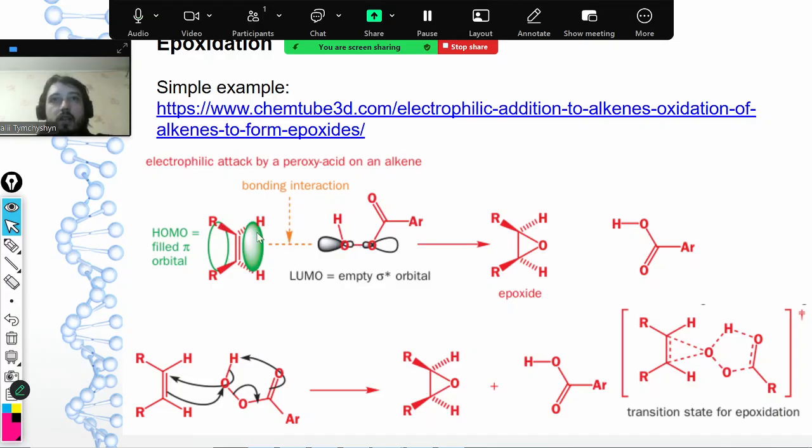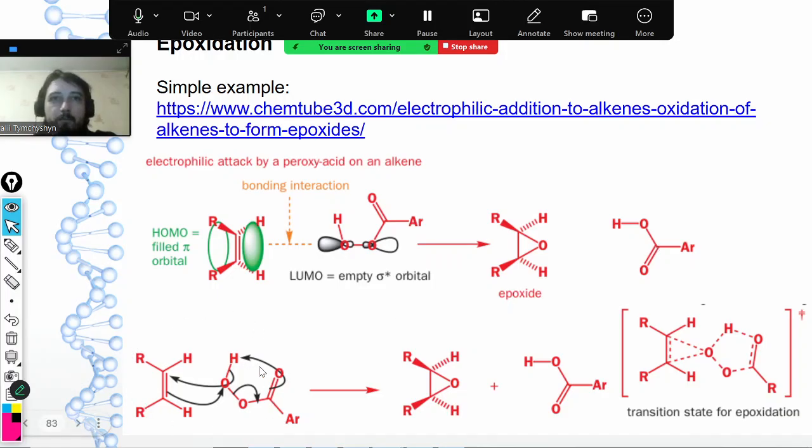So these electrons will be placed onto this orbital, which means they will weaken the bond between the two oxygens, because you have some electrons on the bonding and anti-bonding orbitals. They are compensating each other, so this bond weakens, and now 2 bonds are formed. So you get an epoxide, and you get this bond broken, and that leads to creation of the double bond here.